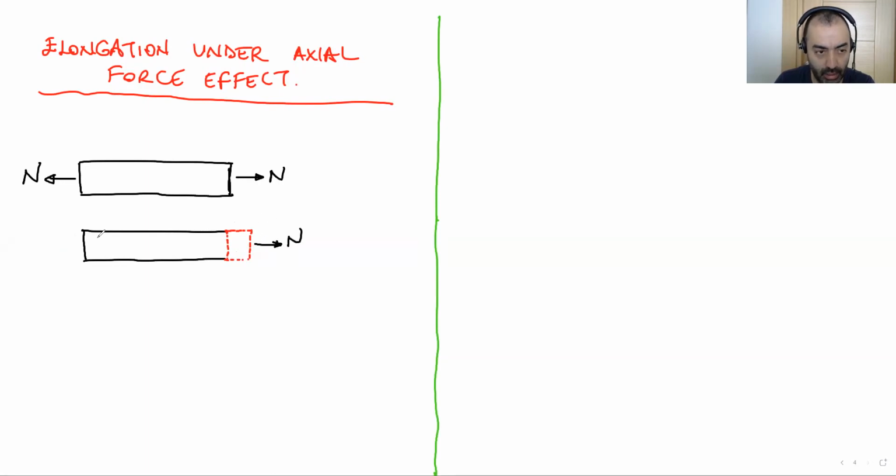At the beginning, my length was L. This is my initial length. So when I apply this N, what I get is L till here, and there's an increase in the length, which is delta L.